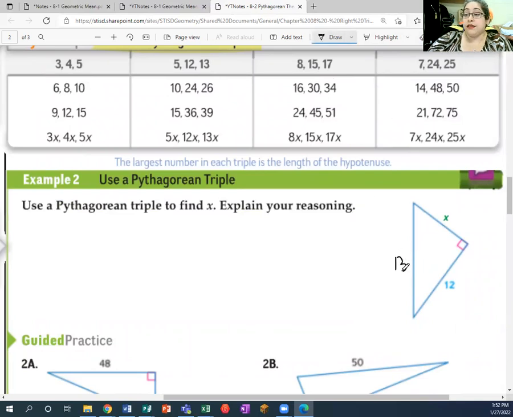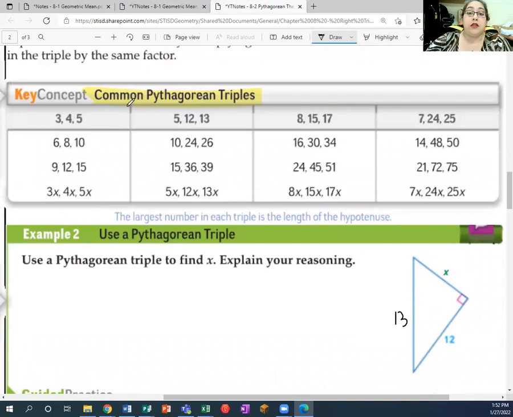All right, so if I look at this triangle, I notice that the hypotenuse is 13, one of the legs is 12, and I'm missing the other leg information. Well, if I look at my table, the largest number in each of this set of triples is always going to be my hypotenuse. Well, looking at my triangle, hypotenuse is 13, so maybe it's this one.